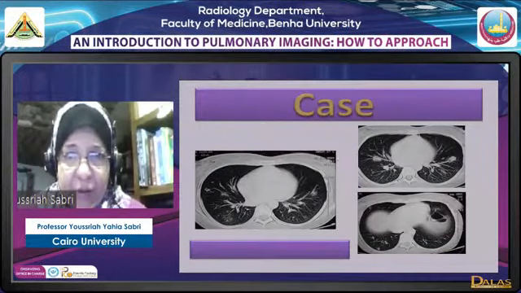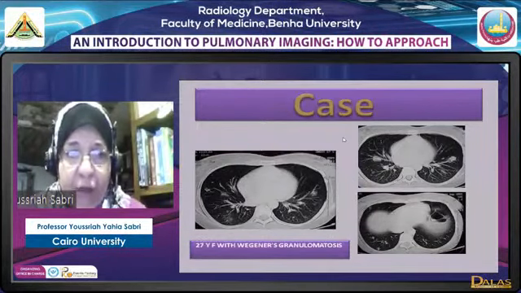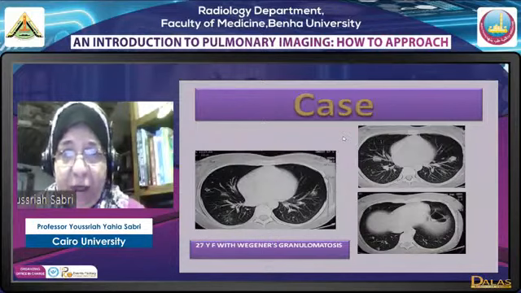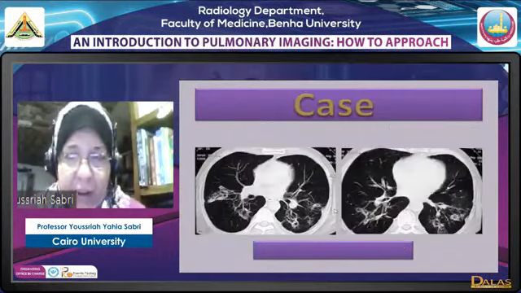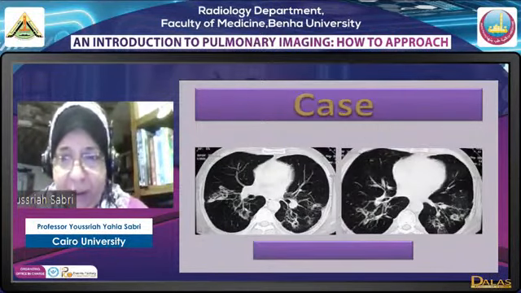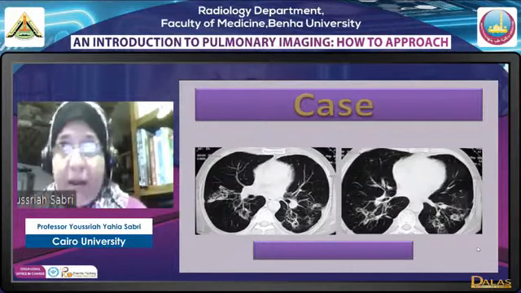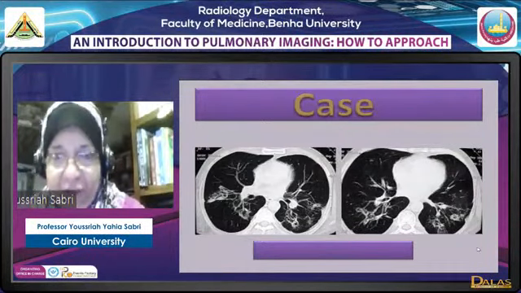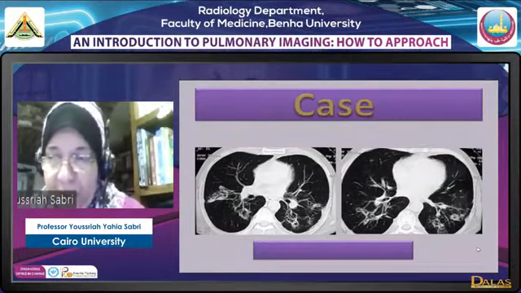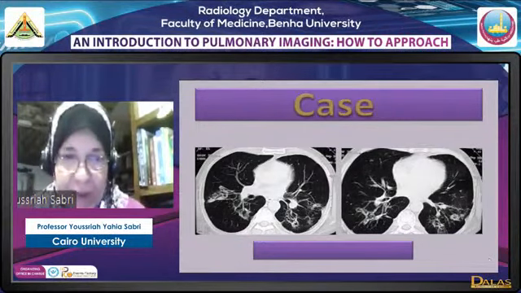This case in a 27-year-old patient was proved to be a case of Wegener granulomatosis. Nodules, cavitation, irregular nodules, bilateral, countable. A very strange appearance here, and a rule in medicine in general, not only in radiology: don't panic. Just look properly and try to assess the problem you're dealing with.